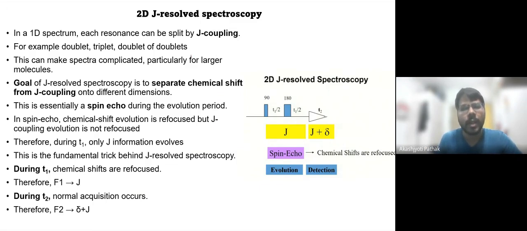Now another concept that was discussed was how this 2D NMR is applied to J-resolved spectroscopy.